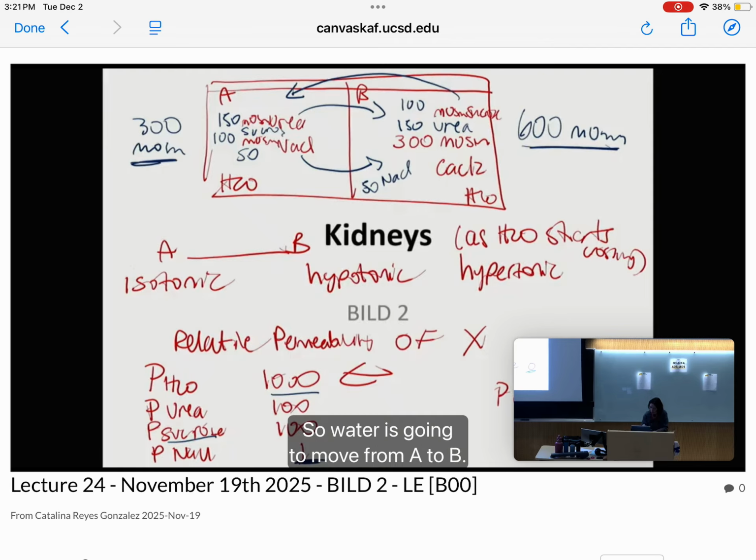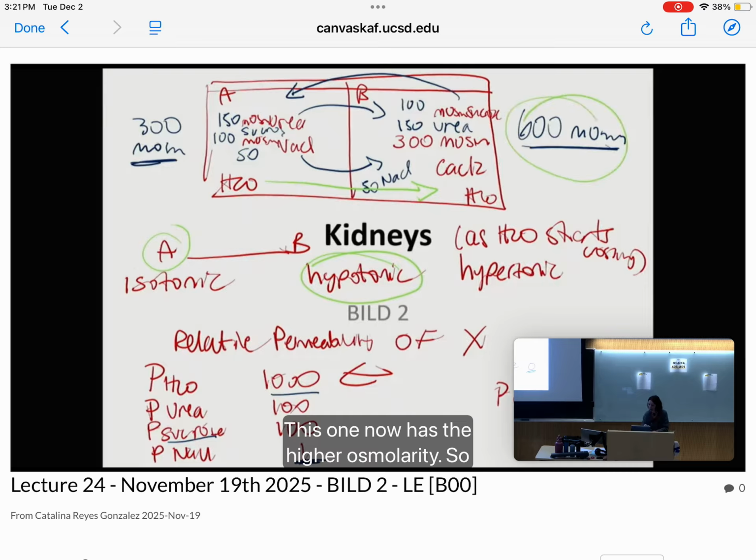A to B. So water is going to move from A to B. Okay? If water is moving to compartment B, then A is what? Isotonic, hypotonic, or hypertonic? Hypotonic. This one now has the higher osmolarity. So this one, B, is hypertonic. A is hypotonic as water starts to cross. Does that make sense? Yeah?